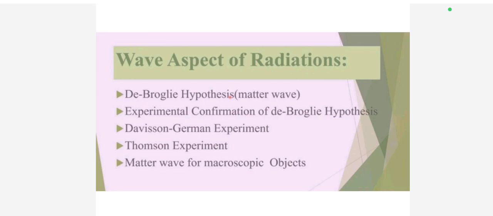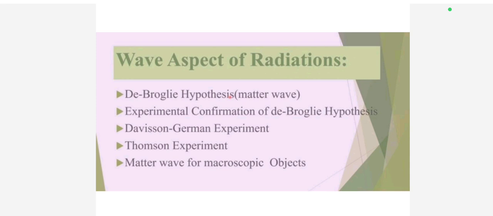The wave aspect of radiation. The de Broglie hypothesis, matter wave, means any particle of matter that has linear movement, meaning velocity and mass, also behaves like a wave. The wavelength associated with a particle of matter is inversely proportional to the magnitude of the particle's momentum.